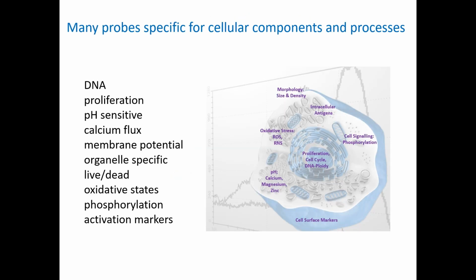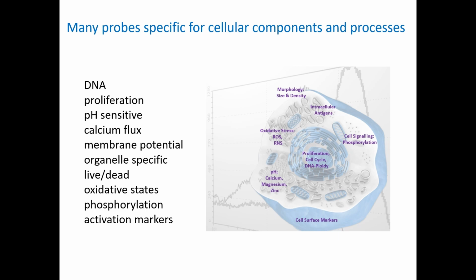In addition to antibody-coupled fluorochromes and fluorescent proteins, there's a huge range of fluorescent probes available for cellular components and processes on the cell surface and inside the cell cytoplasm and nucleus. We can measure DNA content and cell cycle phases with DNA binding dyes, cell proliferation.